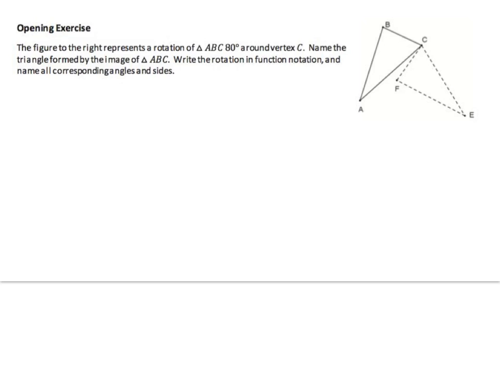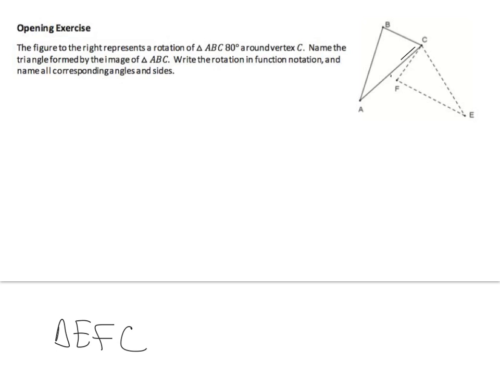Our new triangle, if we're going in the right order, A, B, C, so ABC is EFC. So we just named the triangle formed by the image of ABC, triangle EFC.